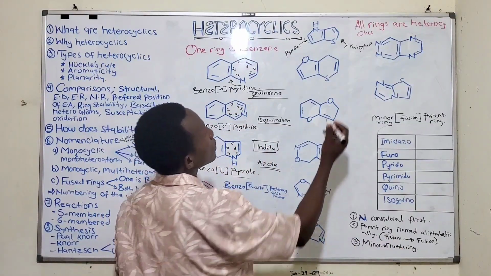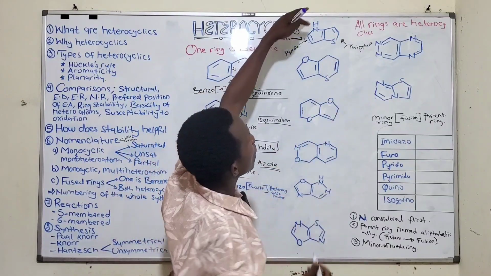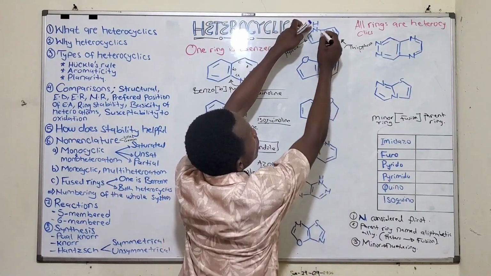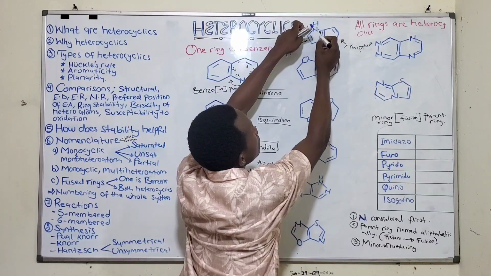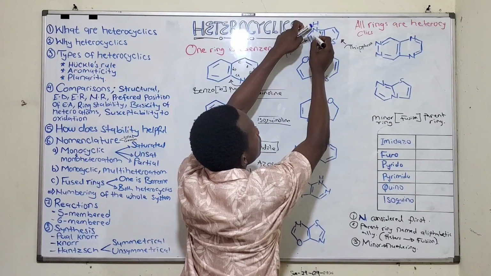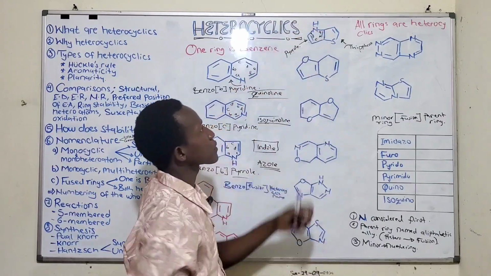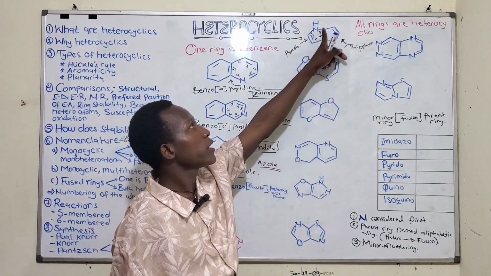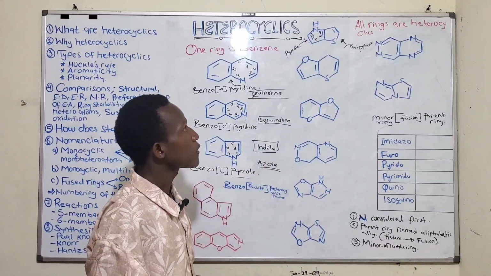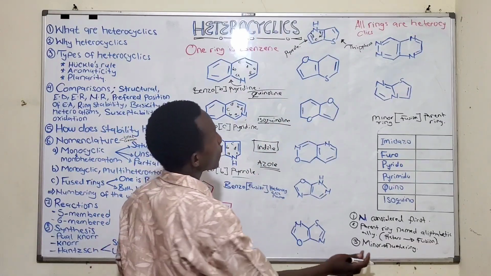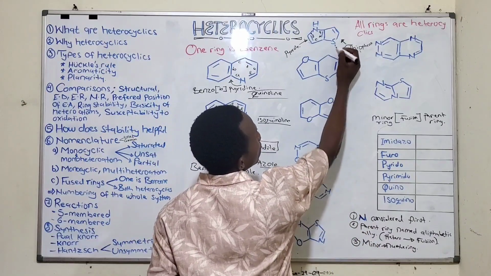If this is the heteroatom, this one will be face A. Then face B, face C, face D, and face E. So we have A, B, C, D, E. Those are the faces. For the minor ring, this is position 1, remember?